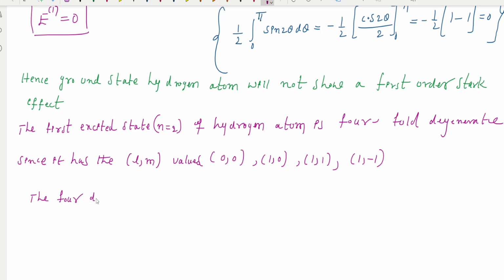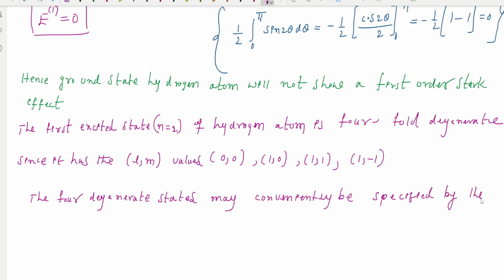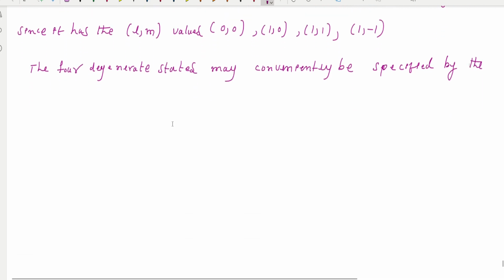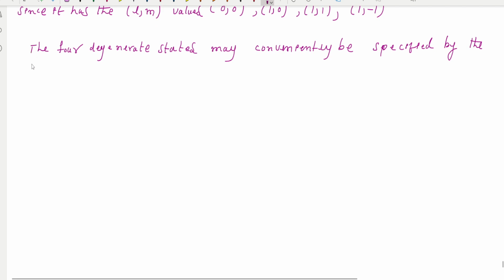The four degenerate states may conveniently be specified by the quantum numbers n, l, m.